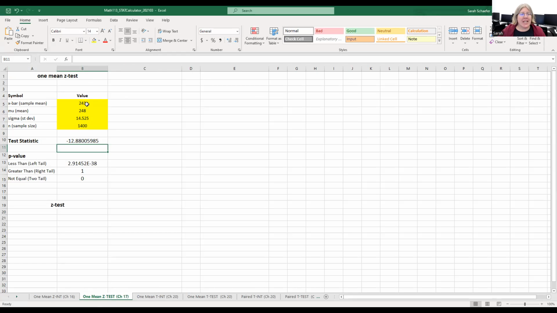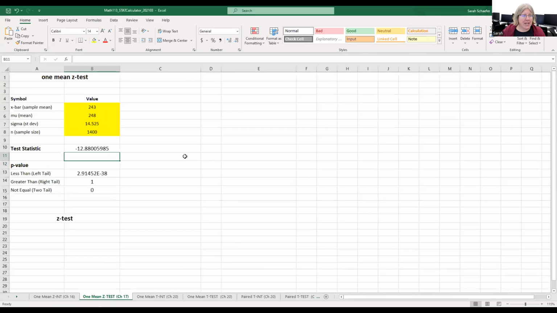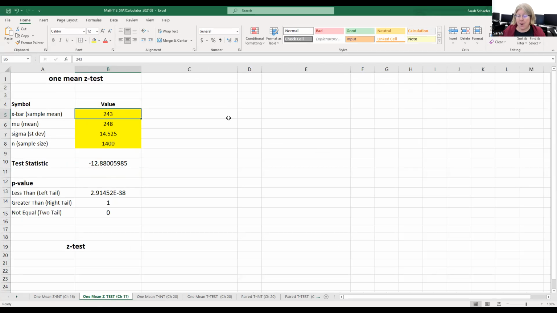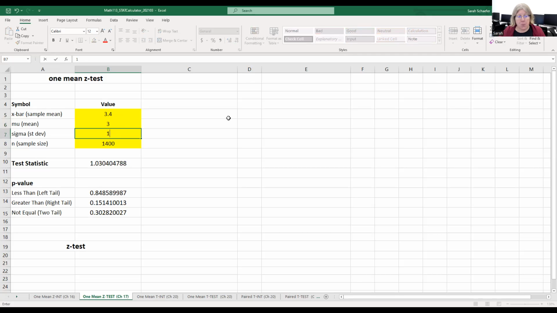This is what it's going to look like, and we start by putting in x bar. Our x bar, the average from our sample, was 3.4. Our null hypothesis was 3. Our standard deviation was 1.45, and our sample size was 45. I put those in, and now you can see the calculation of a test statistic of z equals 1.85.